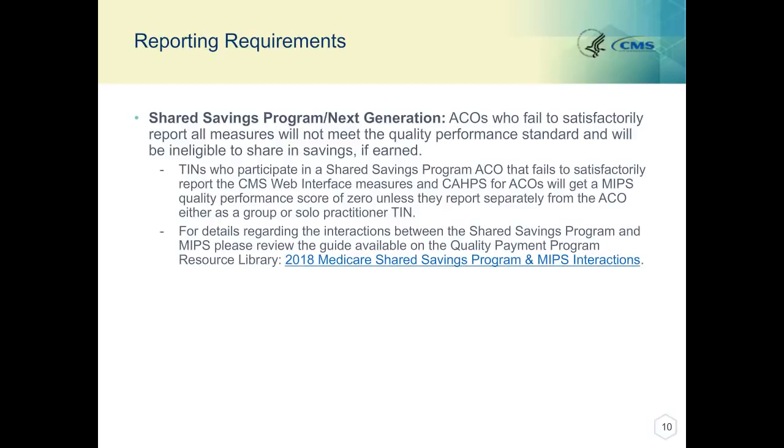For details regarding interactions between the Shared Savings Program and MIPS, please review the guide available on the Quality Payment Program Resource Library that is hyperlinked here. Next slide, please.